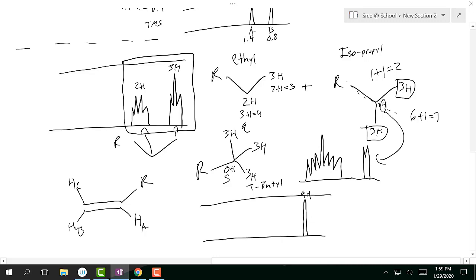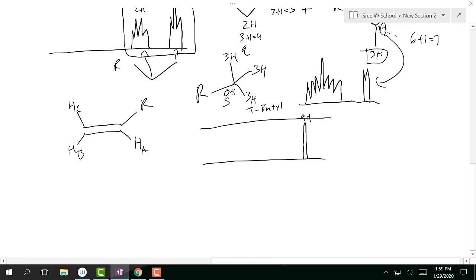Okay, and the term for this, the multiplicity rather, is... So you have to look at HA. When you're looking at HA, you have to look at HB + 1 and HC + 1. So we call that a doublet of a doublet. Okay, so all of these are going to be doublet of a doublet. Okay, same for here, and same for here. Okay, and this is complex splitting.